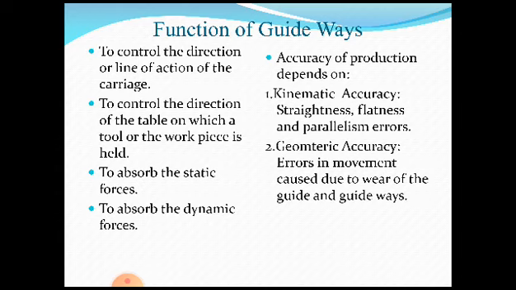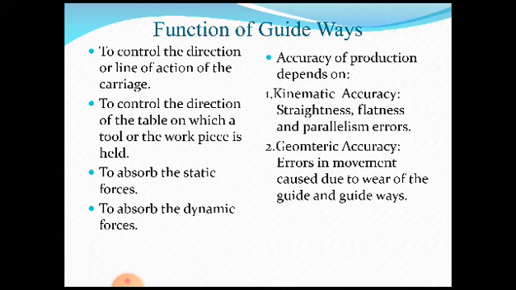Geometric accuracy is totally related to the configuration, meaning the shape and size of the guideway assemblies, whereas kinematic accuracy is related to the ease with which the movement is given to the slide on the guideways or slideways. Kinematic accuracy will provide straightness, flatness and parallelism.